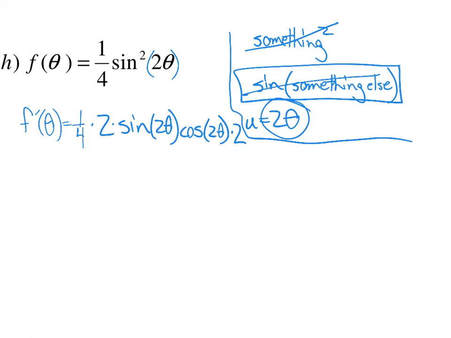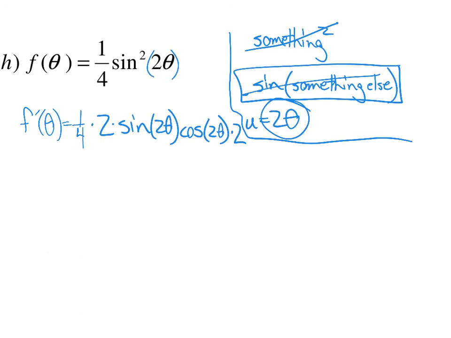So you're going to use the chain rule until you have a constant. We're using the chain rule, and then as we're doing the derivative of the inside, we realize we need to use the chain rule to find the derivative of the inside. Because the inside initially is sine of 2 theta, and it has something inside of it.